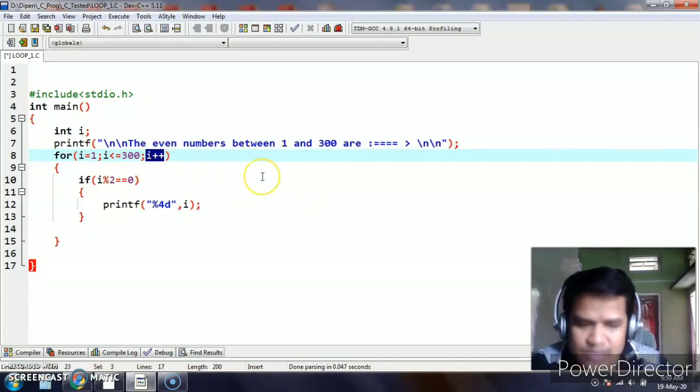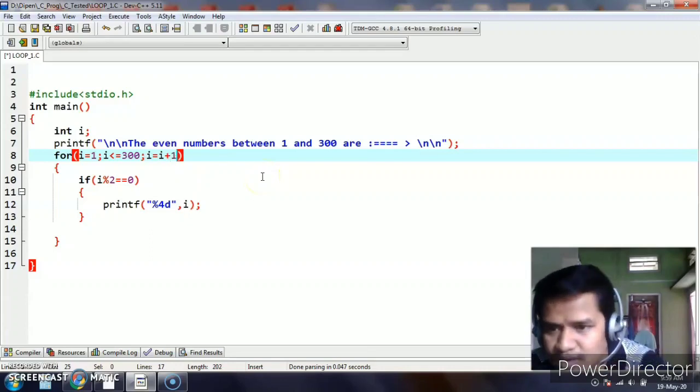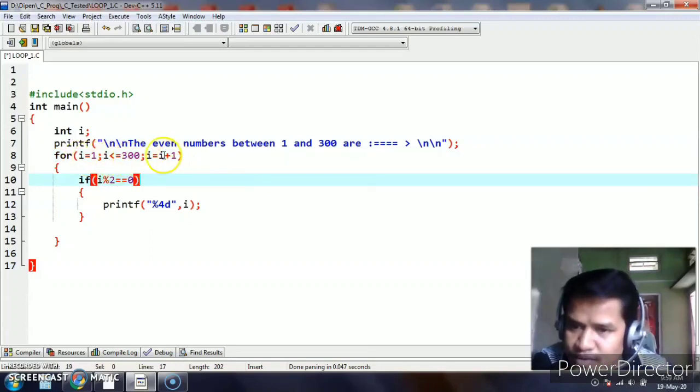I can write i++, or I can write i equal to i plus 1 also. If it is initially 1, it will be 2, then 3, then 4, like this. 2 is always less than or equal to 300, so it will go to 3.